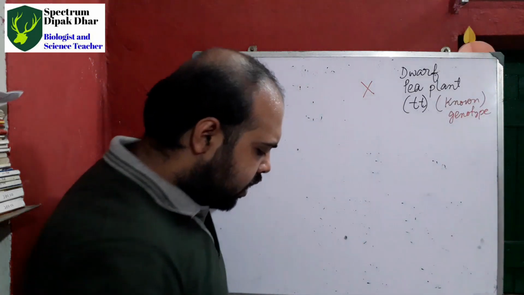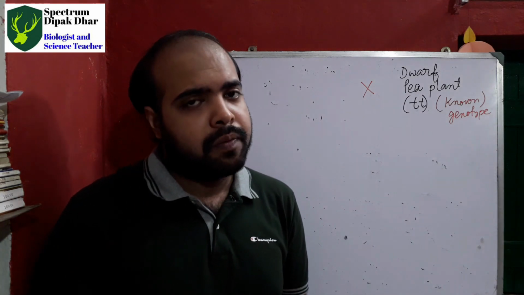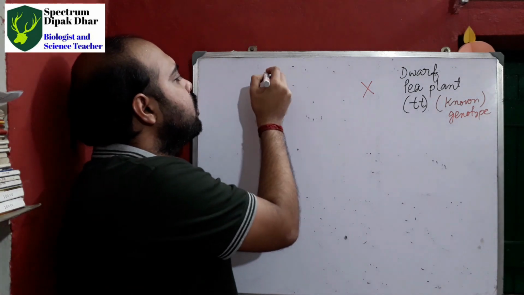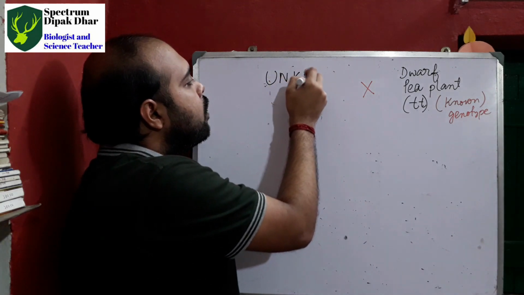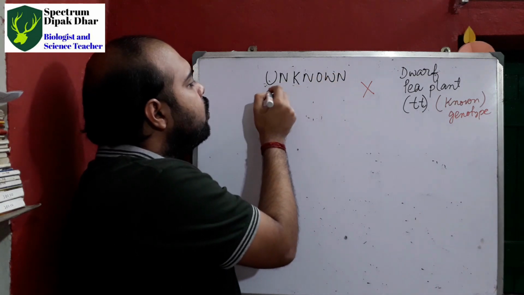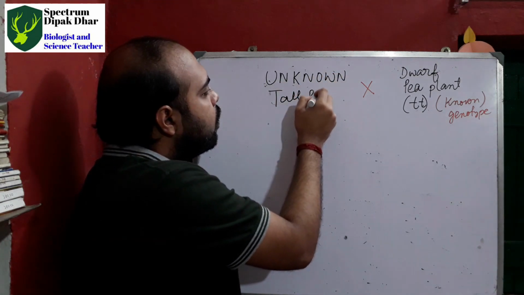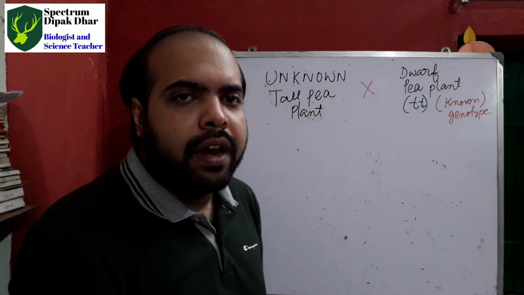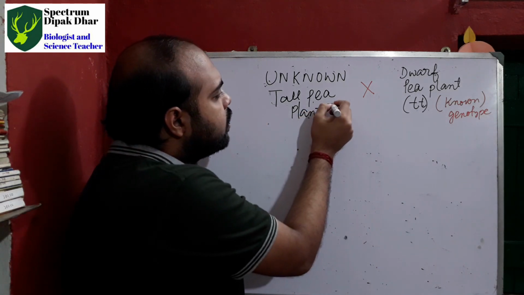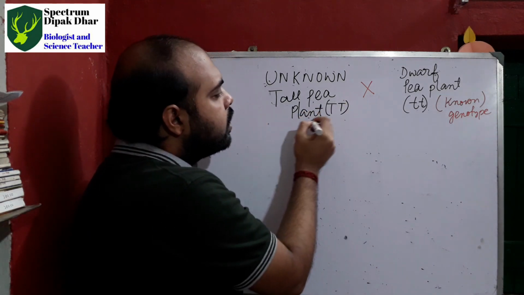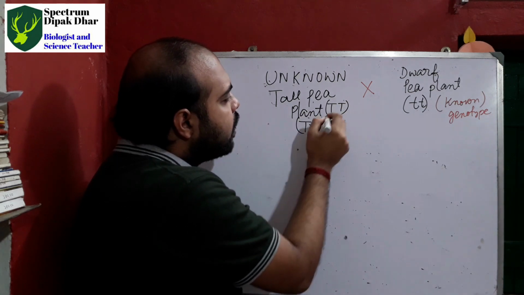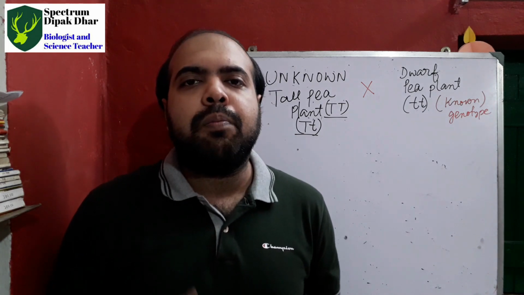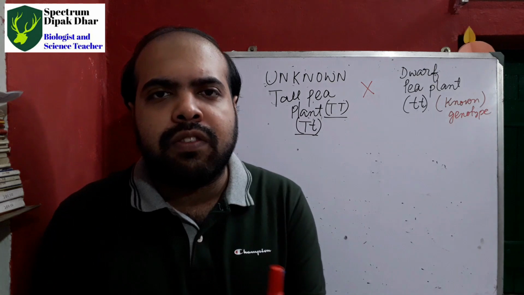Now you are crossing it with an unknown genotype pea plant which is tall. The unknown genotype tall pea plant can be capital T, small t, or it can be capital T, capital T. These are the two possible combinations, because hybrid tall and pure tall are phenotypically exactly the same.